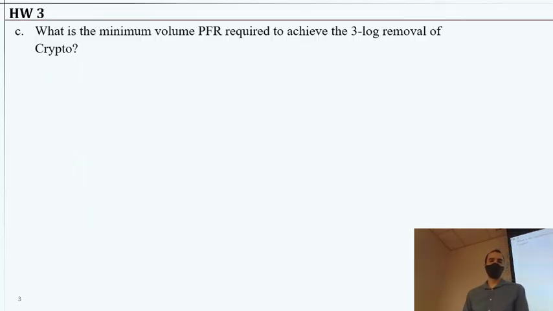All right. Part C then asks, what is the minimum volume for a plug flow reactor that is required to remove 3 logs of cryptosporidium? So essentially we're solving for V this time, when we know that n over n naught has to achieve a 3 log removal. That means the amount remaining has to be 0.001.